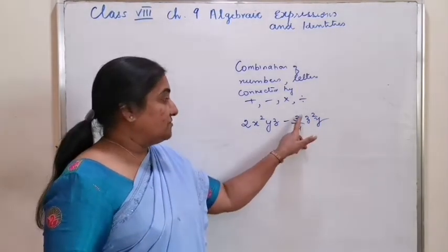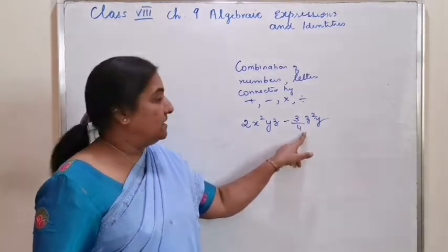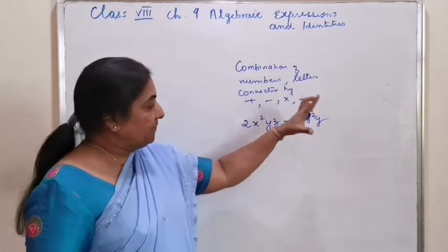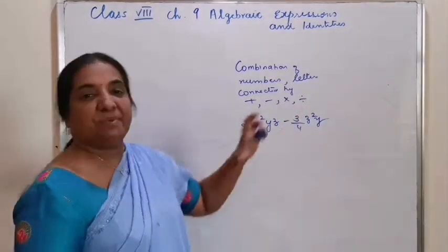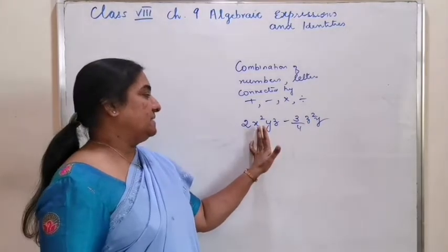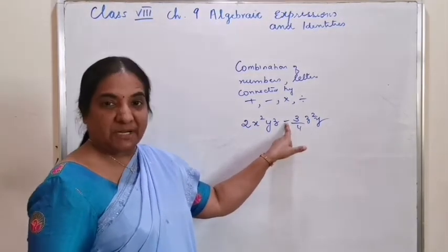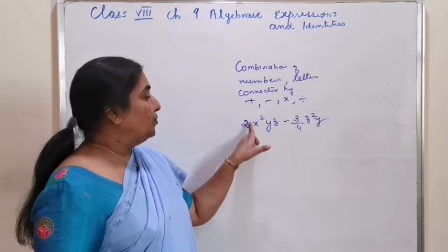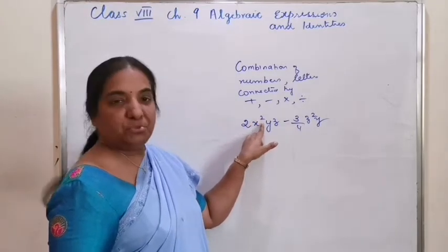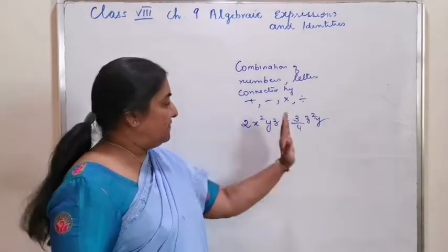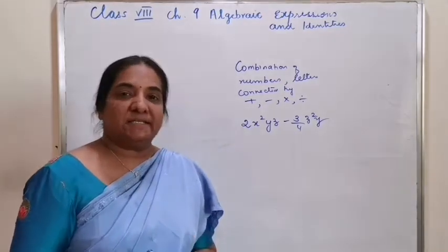You can see 3 by 4 is a rational number, z square y. Now see, it is a combination of numbers and letters connected by subtraction, and 2 into x square into y into z is giving you 2x square yz.